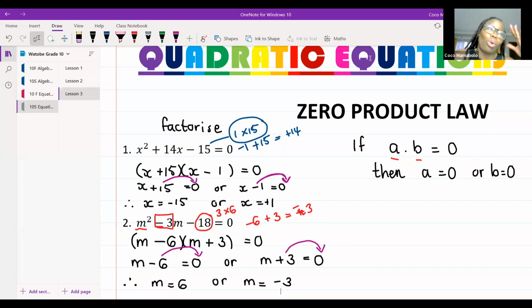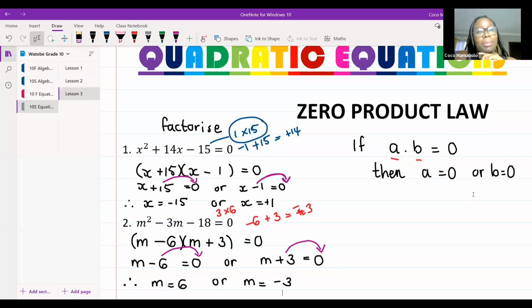See, I'm trying to say, what if I said m minus 3, m plus 6? I'm going to have to take a mark away. Because 6 minus 3 would give me +3 and not -3. So we need to make sure that our signs are correct. So you need to put the right signs.